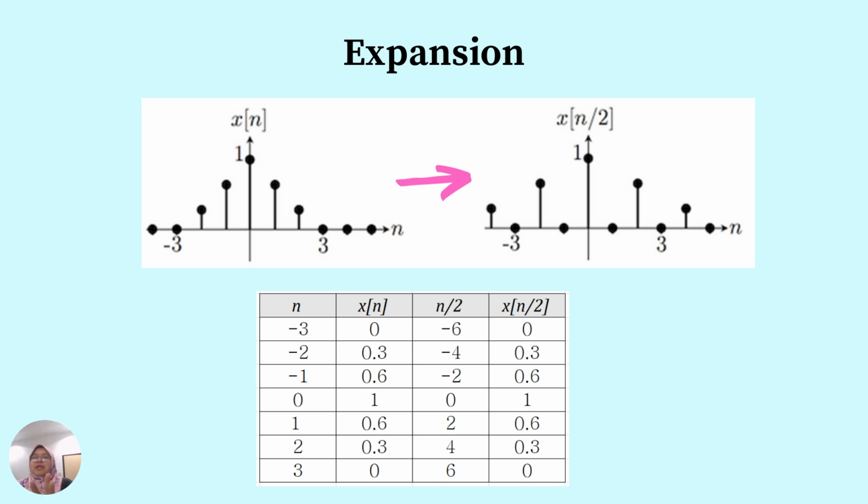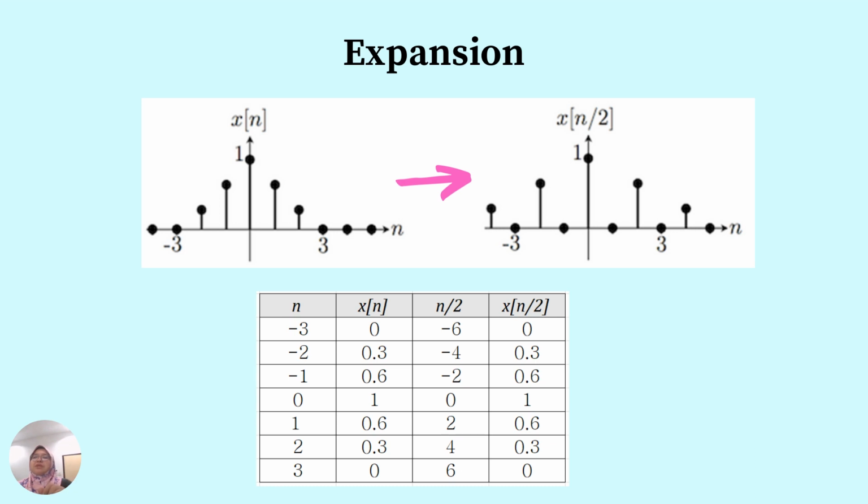Even though this is n over 2, again you have to multiply all the n's by 2. When you multiply the n's by 2, you have your new n's, which are negative 6, negative 4, negative 2, 0, 2, 4, 6. The amplitudes remain the same, but the signal is already expanded.